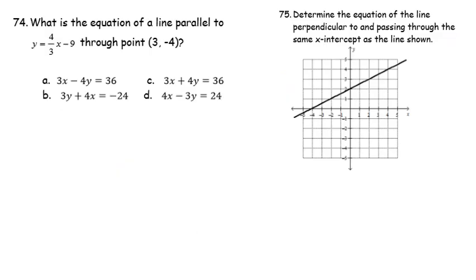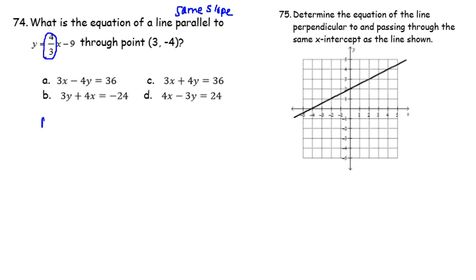74. What is the equation of the line parallel to y equals 4/3 x minus 9 that goes through the point (3, negative 4)? Okay, well, parallel means that they have the same slope. So if we look at the slope here, we have a slope of 4/3.